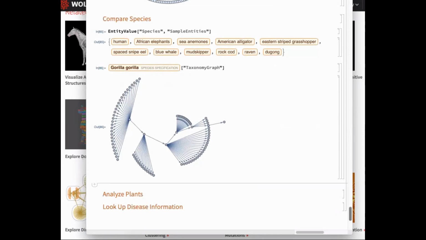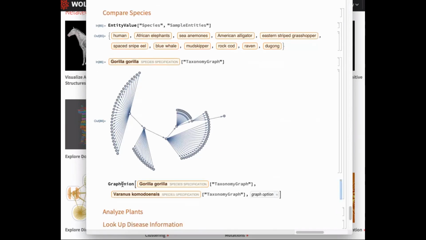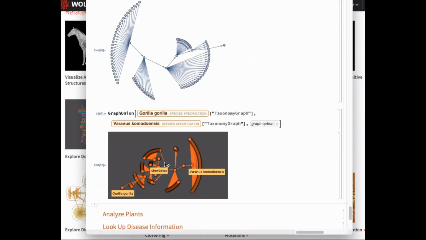And in the next example, we use the graph union function to combine the taxonomic graphs of two separate species and illustrate how they are likely separated in a taxonomic tree.